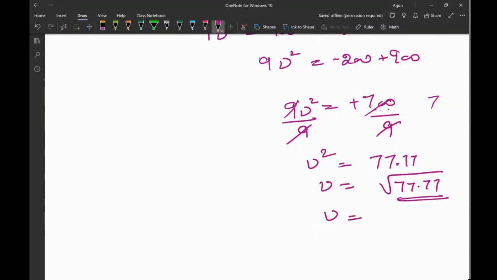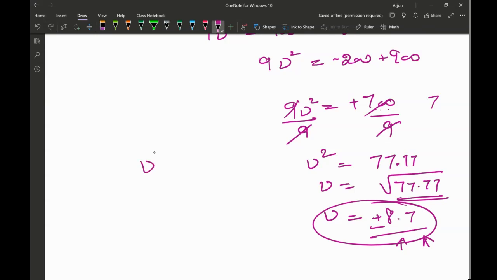That will be whatever the square root of this is. I think it should be, again, I'm taking just a rough number from the back of my mind, because 6 square is 36, 7 square is 49, 8 square is, yeah, it's 8 point something, 8.7 or something like that, plus minus. You need to make sure you put in a plus minus here, because it can be a positive value or it can be a negative value.